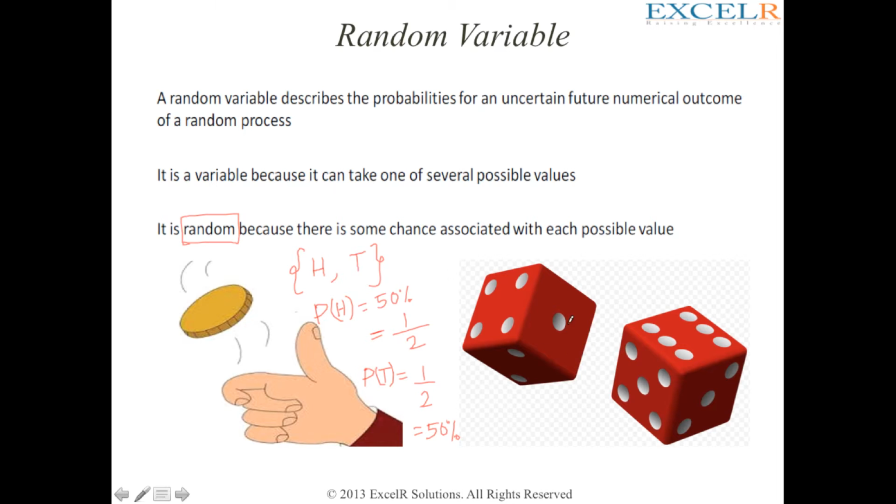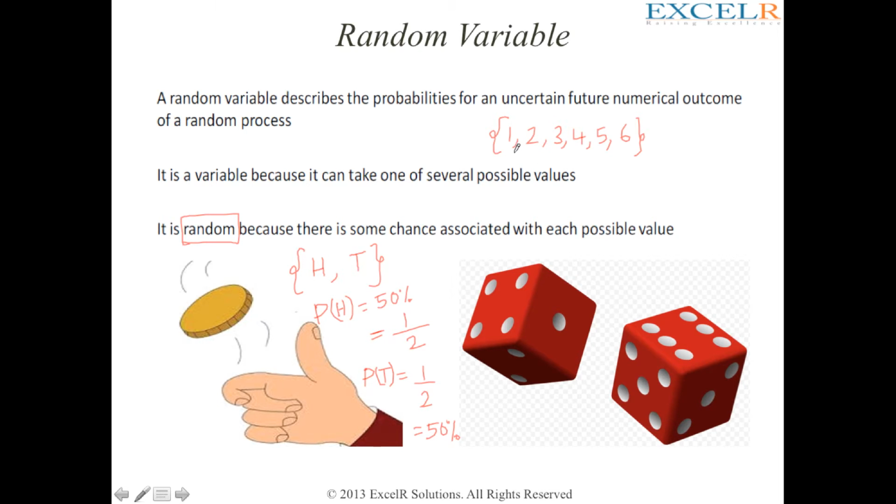Well, let us look into rolling a die. If you roll a die, the possibilities that exist include getting a 1 or a 2 or a 3 or a 4 or a 5 or a 6. These are the only 6 possibilities if you roll a die.